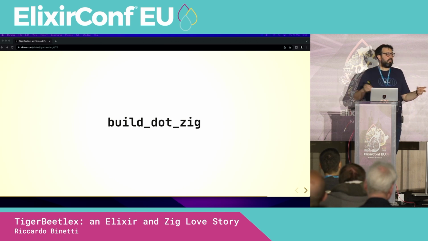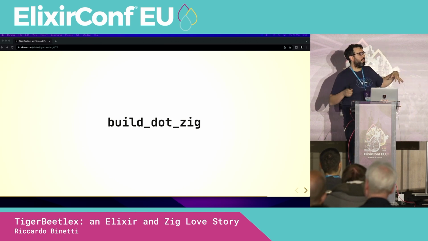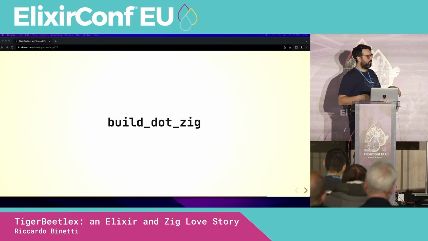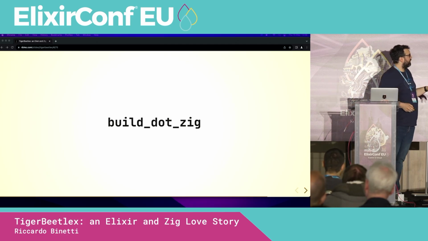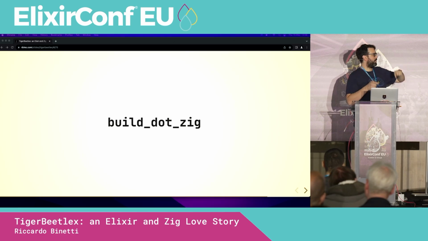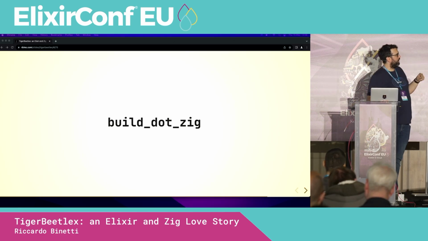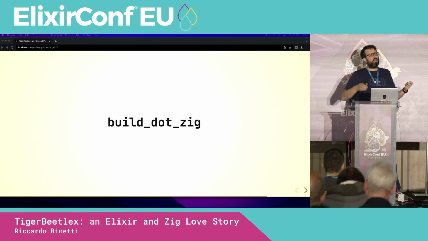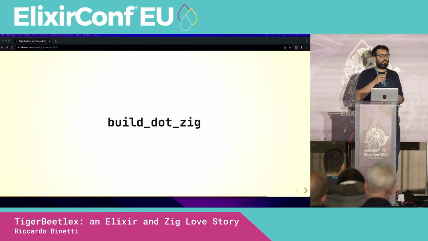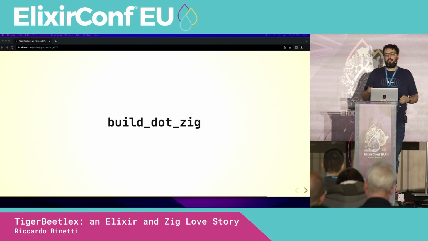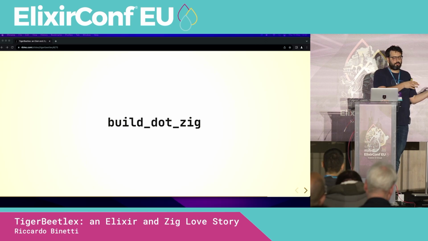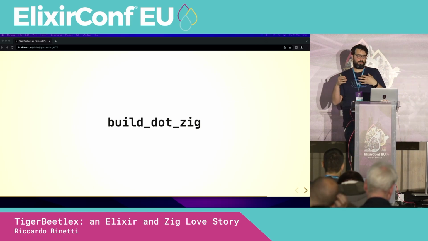And last thing, do I have to have a Zig toolchain on my system to do that? No. This is a side project I implemented while working on TigerBeetlex. Basically, build.zig allows you to use the Zig build system to build your NIFs, which is the equivalent of Elixir make, but instead of using a makefile, you use a build.zig file.